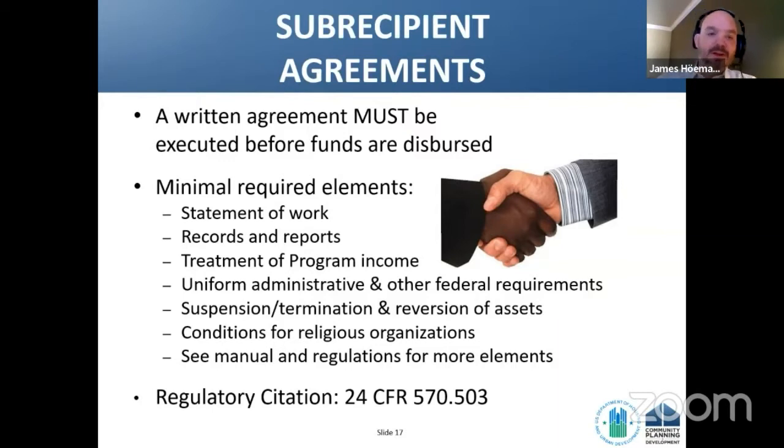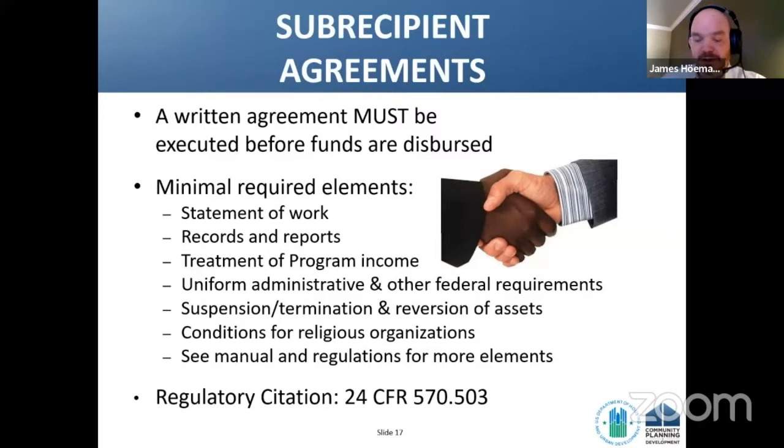So we have our uniform administrative and other federal requirements. As you see from the citation down at the bottom, 503 outlines all of those that should be included in there, as well as suspension and termination.